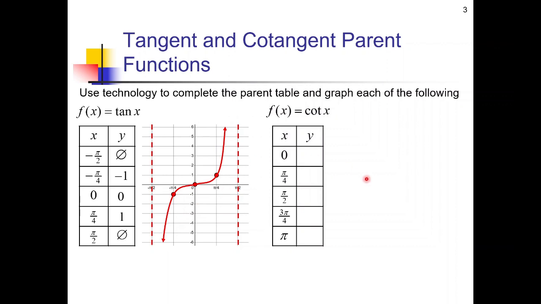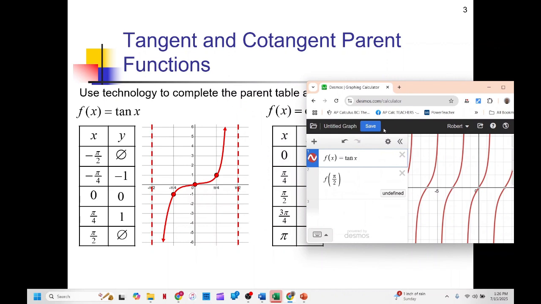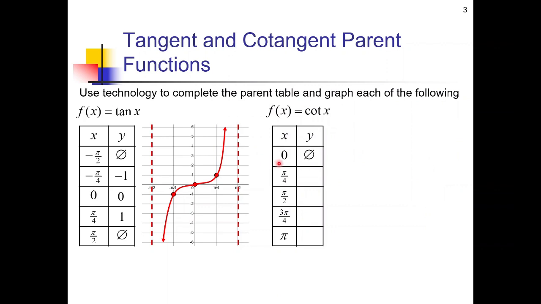So let's also check out cotan and see what that looks like. And you'll notice that I've got a different set of x values for this parent table because I know where this one is going. So let's do cotan of x for my original f of x function. Let's do f of 0, which is undefined.